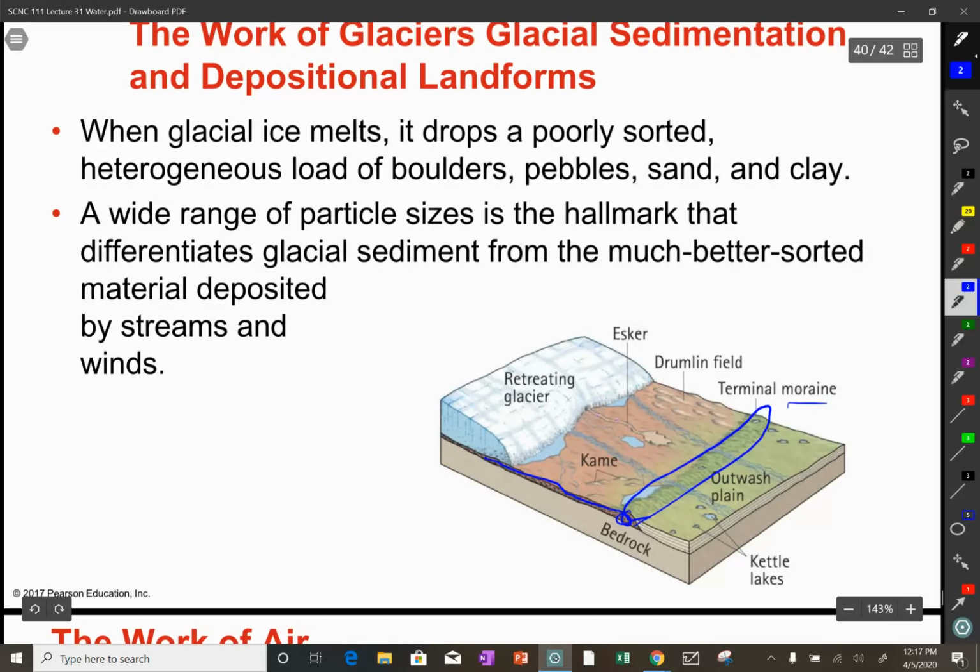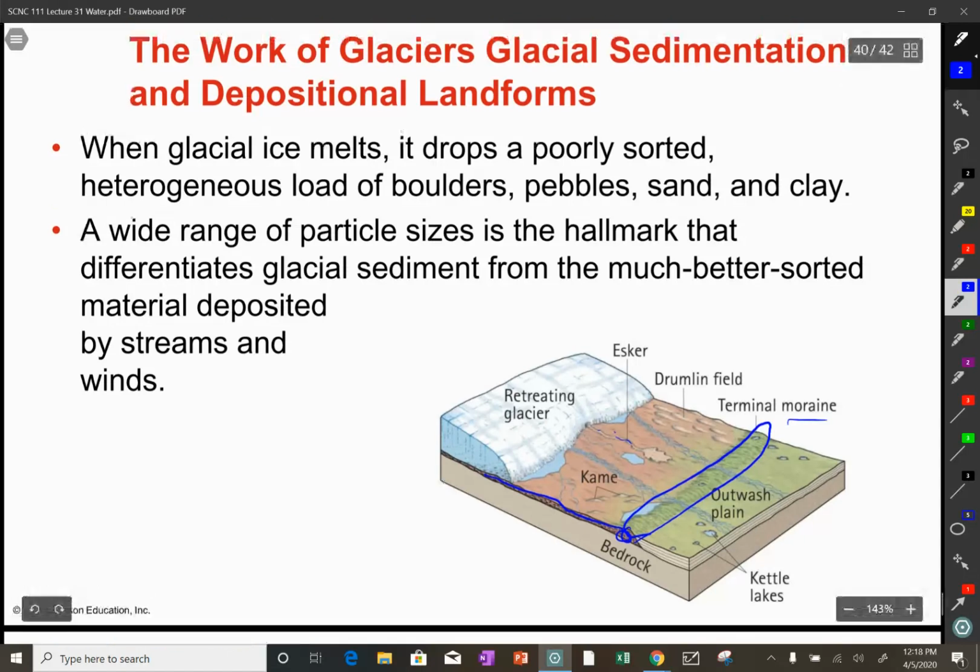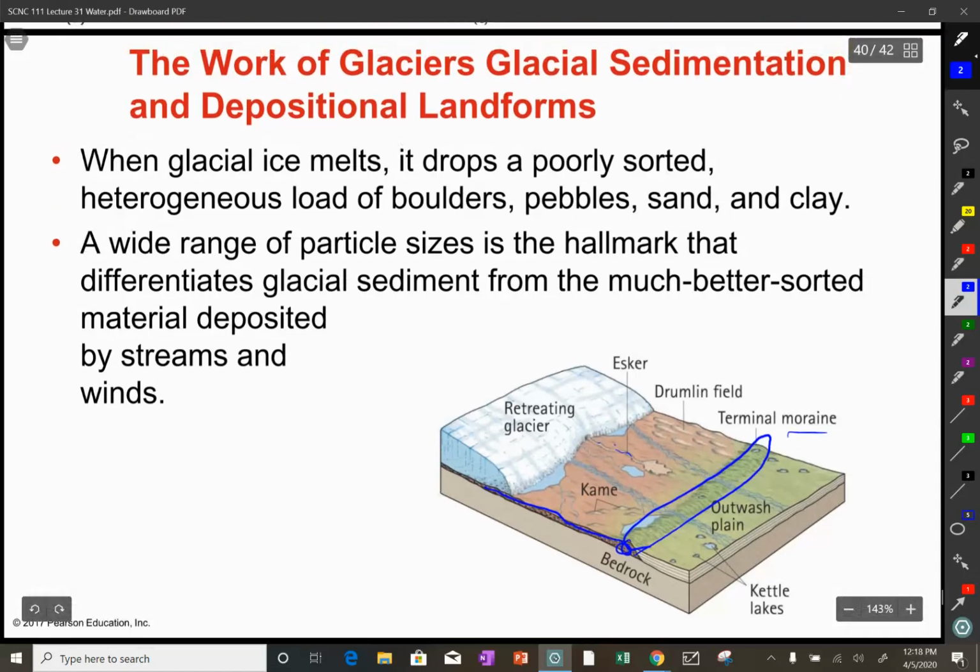Eskers are these little streams that were flowing under the glacier. And you have drumlins. Drumlins are places where a rock is kind of gouged out, a teardrop shape. You have kettle lakes. These are all features that we see from glaciers. Glaciers leave lots of things like these drumlins and eskers, and in the end, lots of lakes.